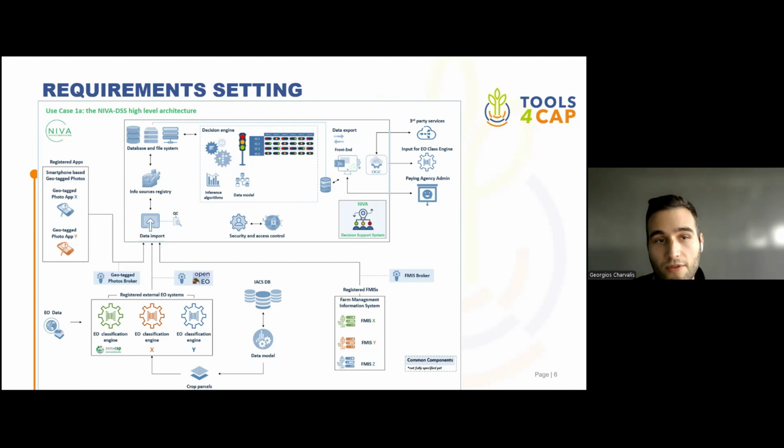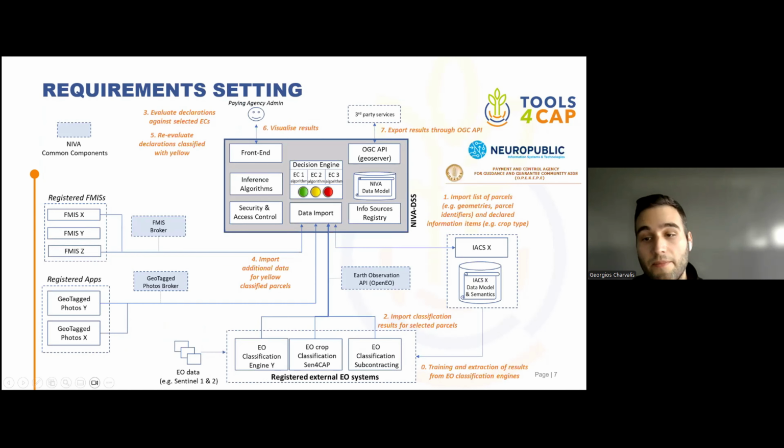In order to break down the requirements, we can focus on the next slide. We can focus on step number 0, where there is a training and extraction of results from Earth observation classification engines. For example, the Tools4CAP system, which is a registered external system, is feeding data with the use of parcels and geometries from declarations into a decision engine.